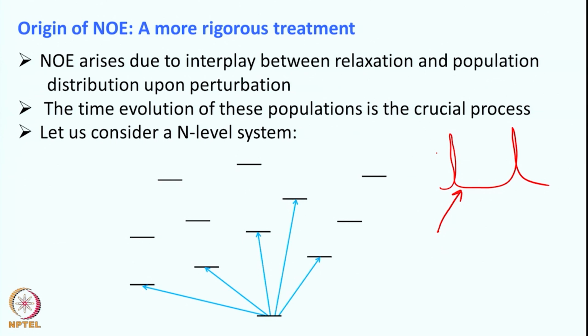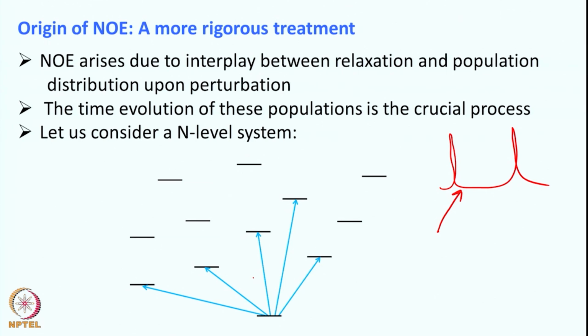Now, we also saw that the time evolution of this population is a crucial process, and that further leads to the redistribution and readjustment of the population. So, let us look at the generalized phenomenon where we consider an n-level system. Say here is the ground state and then there are n different levels, and transitions are happening here.